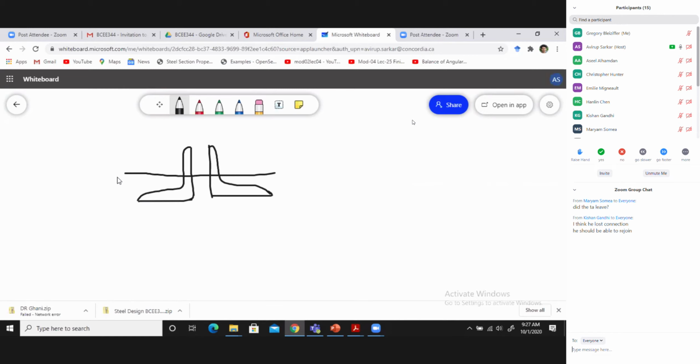And this is our axis. Okay. So this is my y-axis now, the central axis, and this is my x-axis.